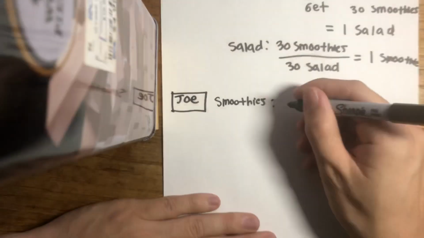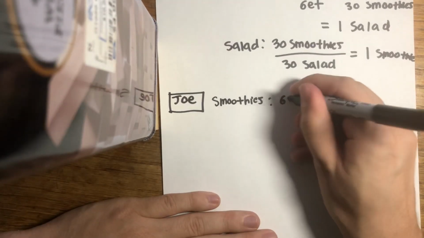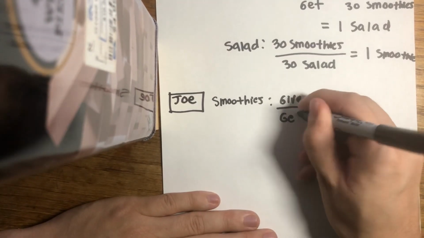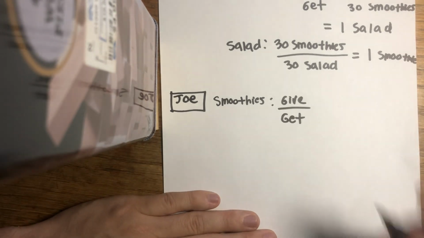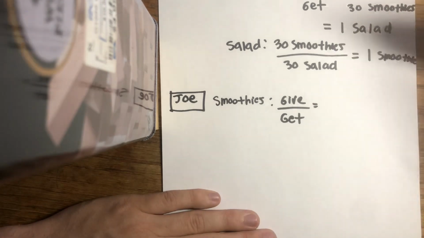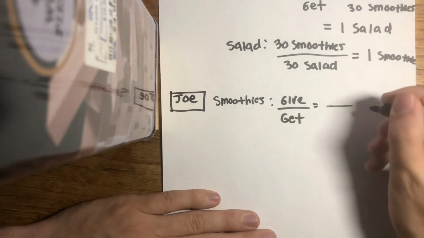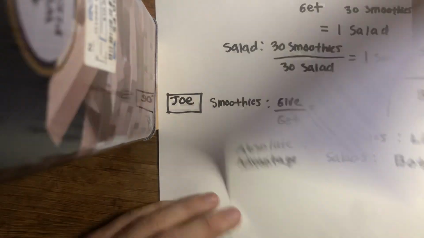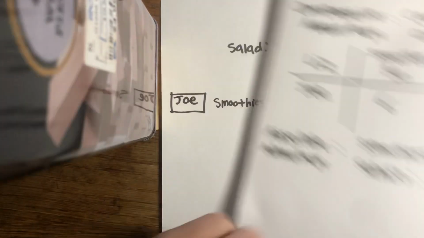So let's calculate his value for smoothies. As we recall, this is the same ratio, what we give up over what we get. He has to give up salads in order to get smoothies. We know the value from the last graph was 30 salads.